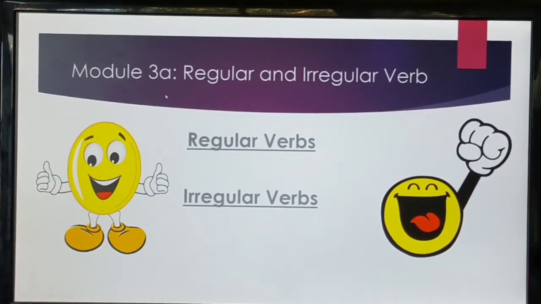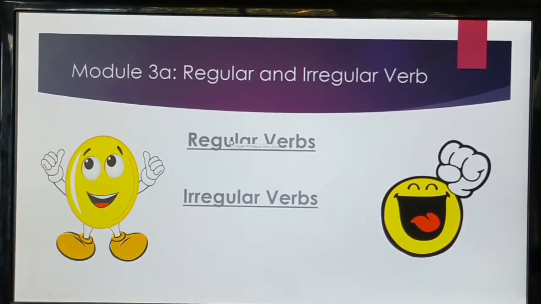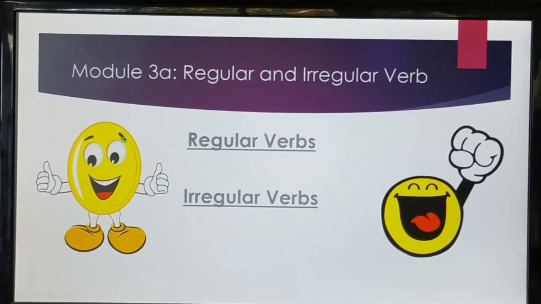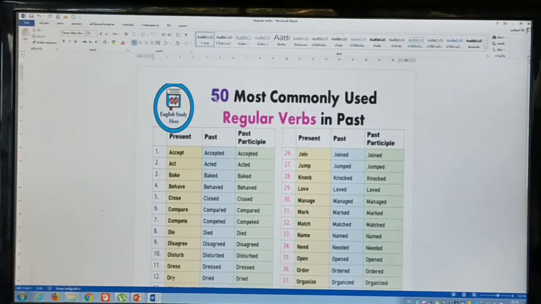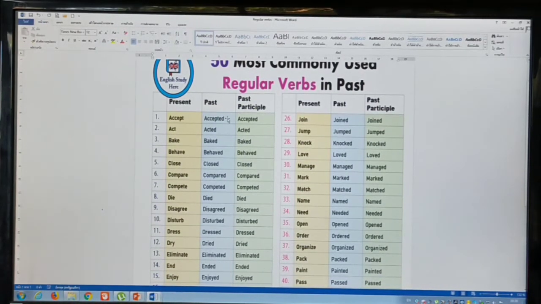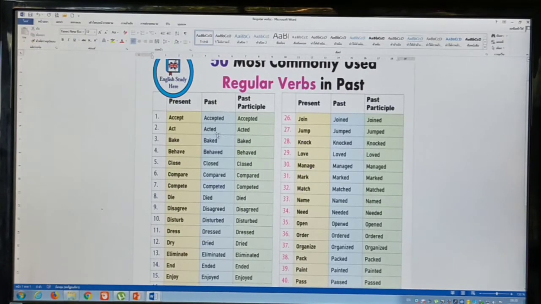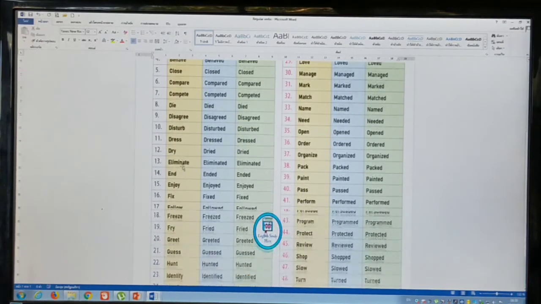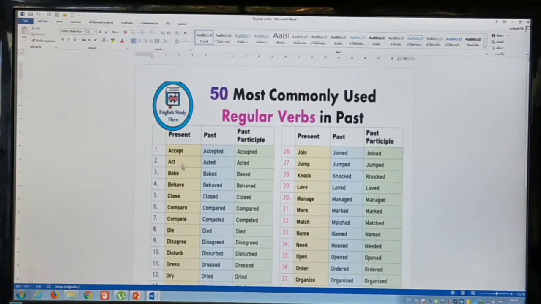Let's check some examples for regular and irregular verbs. These are the most commonly used regular verbs in the past. For example, accept, accepted, act, acted, bake, baked, behave, behaved, close, closed, and so on. There are so many verbs.